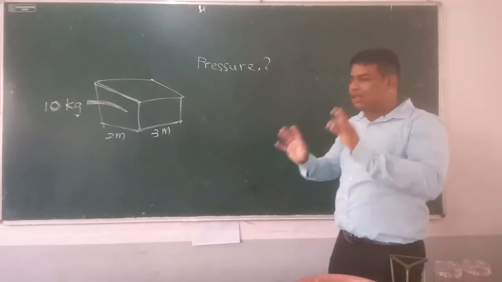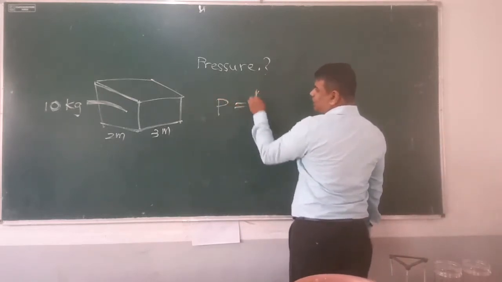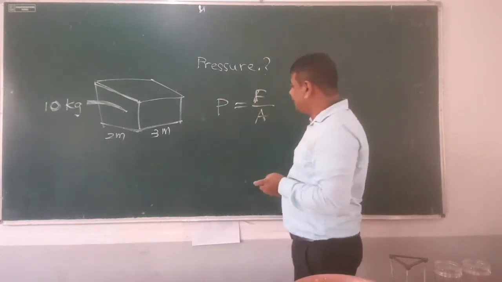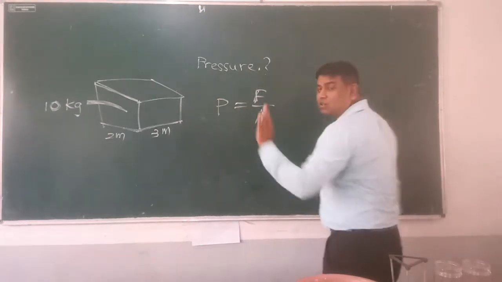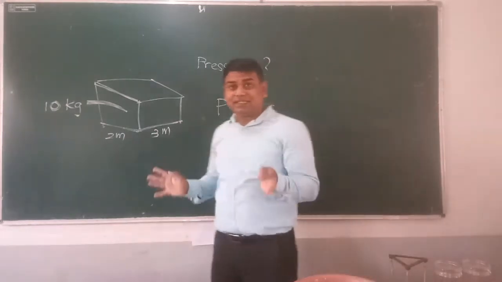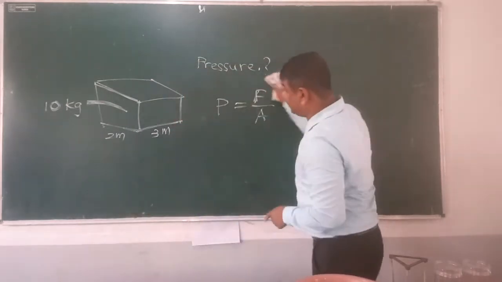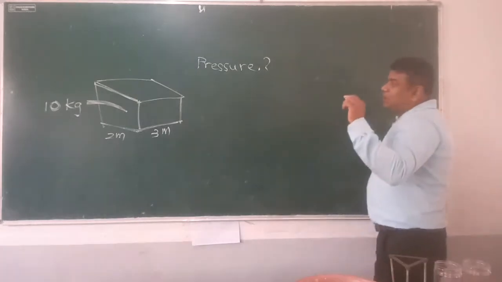If you directly write the equation, pressure equals force divided by area, you will be stuck. It's because force is not given and area also is not given; length and width are given. Therefore, we have to find these two quantities before doing this exercise.